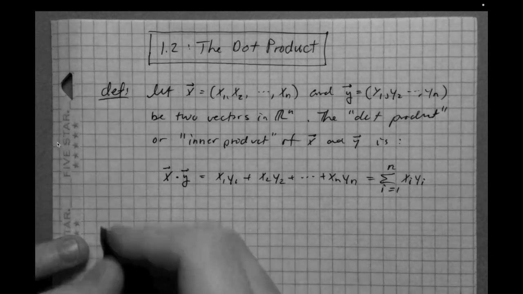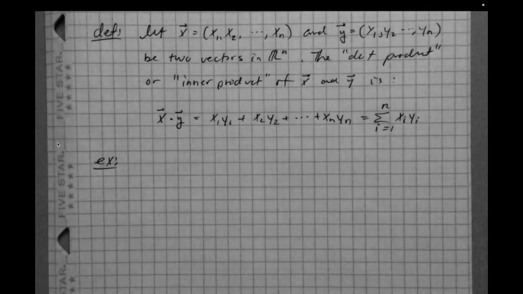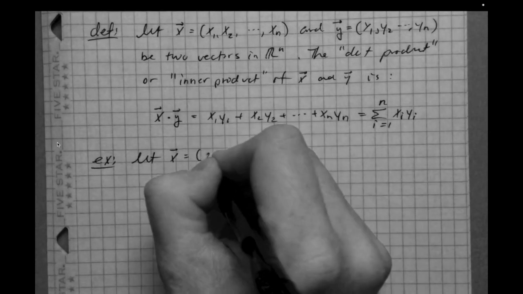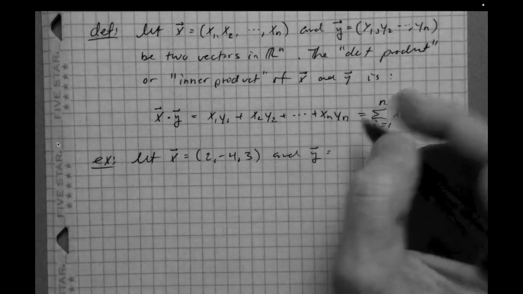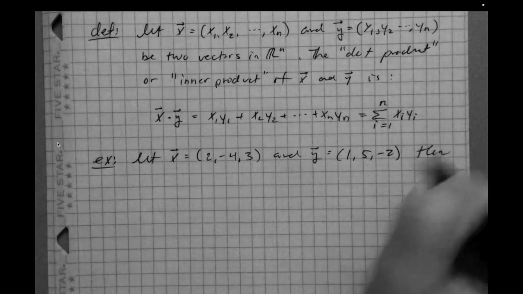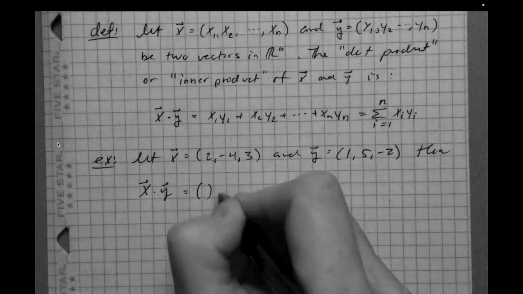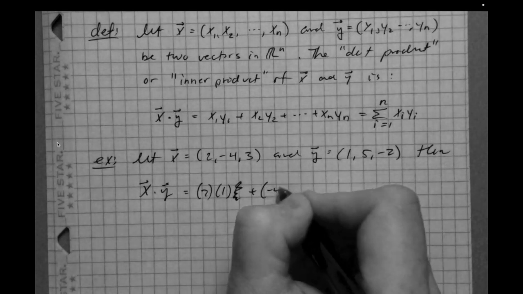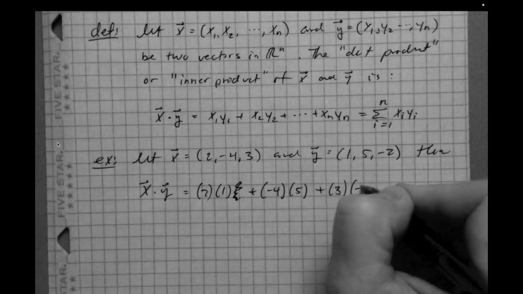Okay, very good. Let's do a simple example and make sure we have this idea. So let's let x equal 2, -4, 3, and y equal 1, 5, -2. Then x dot y is 2 times 1, plus -4 times 5, plus 3 times -2.